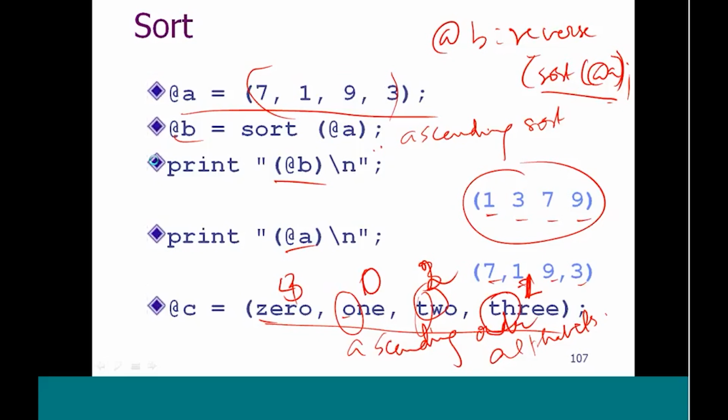Then we also looked at the sort. Sort is an ascending order sort, and it's not a numerical sort per se. It's really just an alphabetical sort, but we can use it as a numerical sort if we make all the numbers the same length.